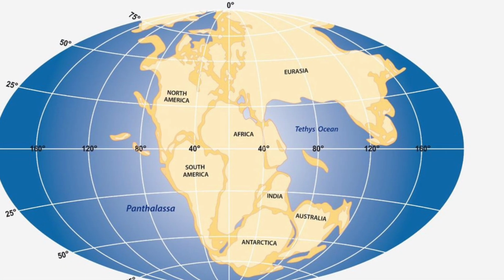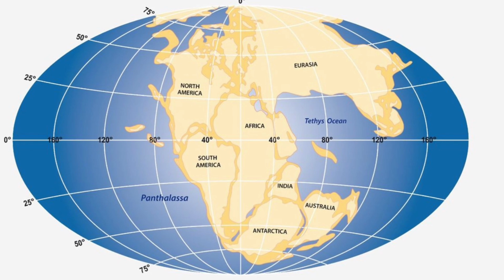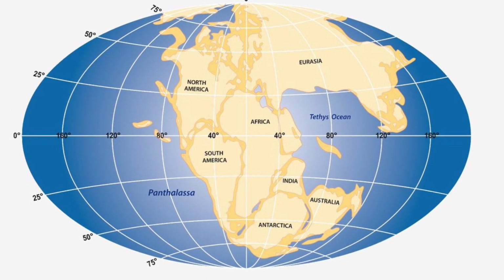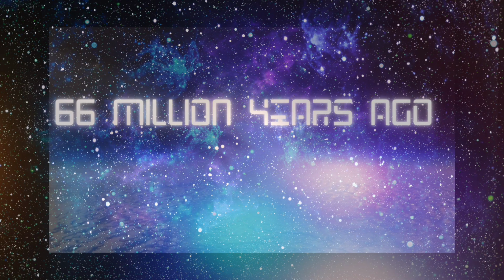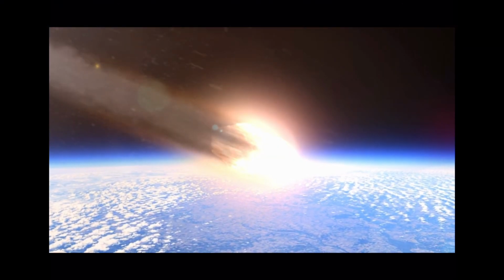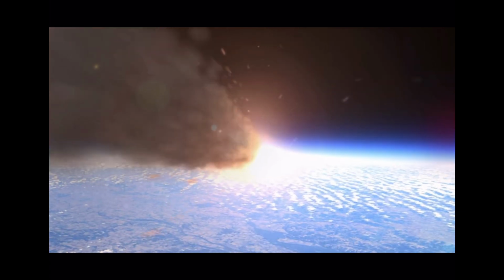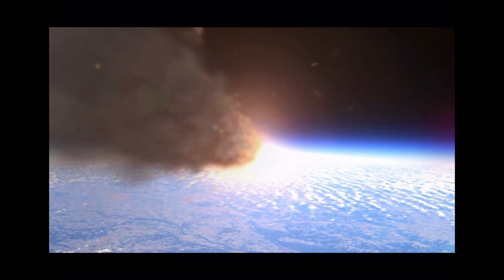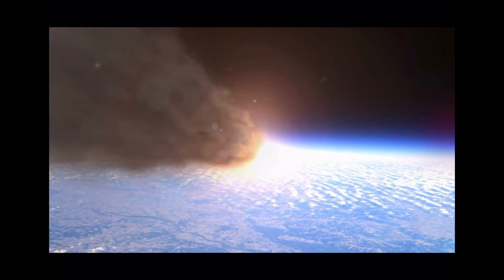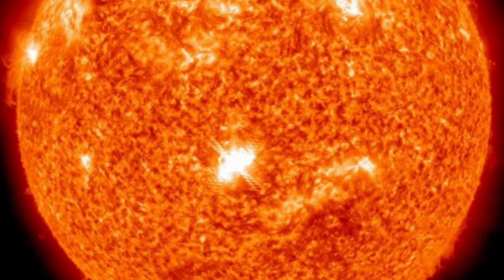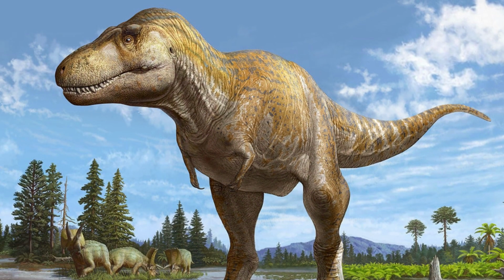And then Pangea broke up. And you know where this is headed. Around 66 million years ago, the asteroid that killed the dinosaurs hit the Earth, and this caused the sun to be blocked, and then the dinosaurs died.